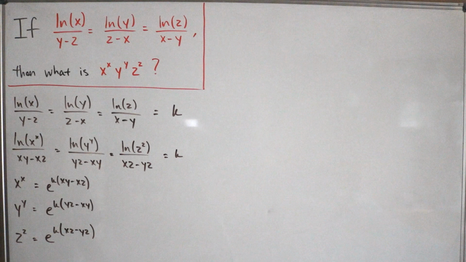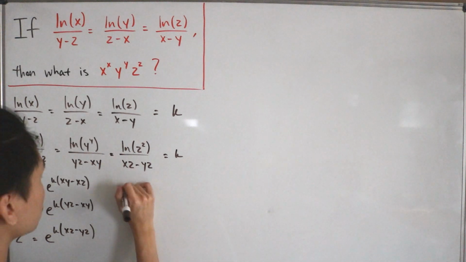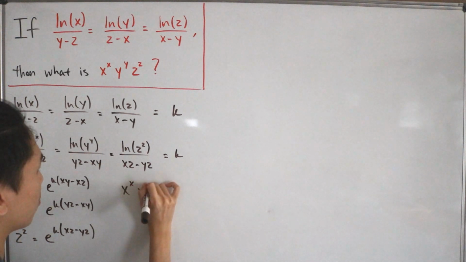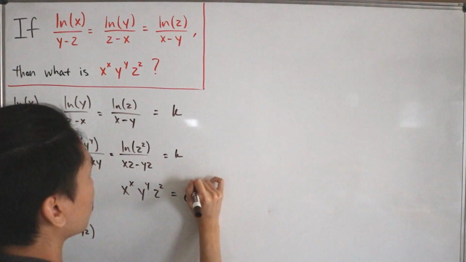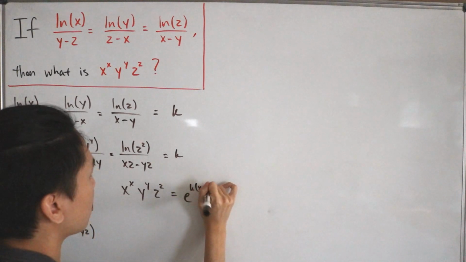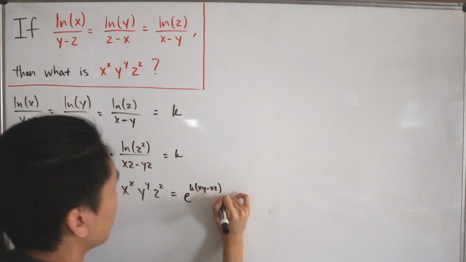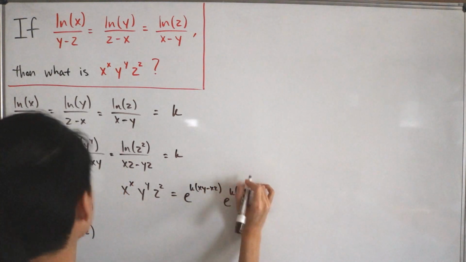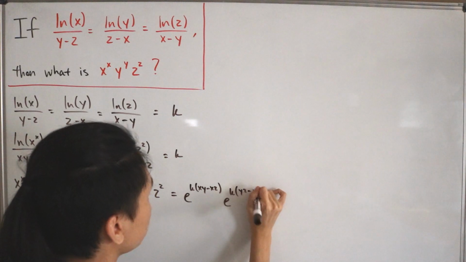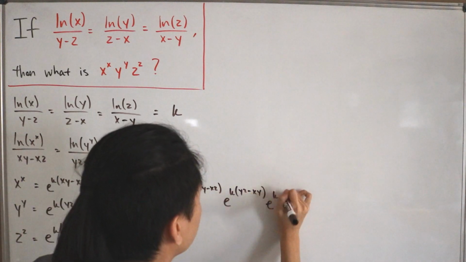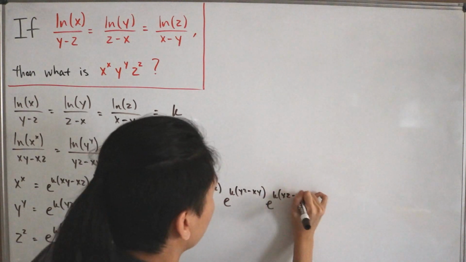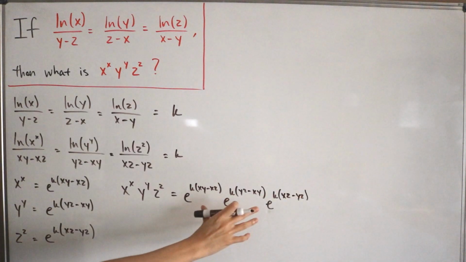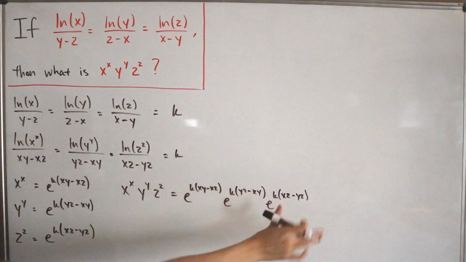Okay, pretty much all that's left now is to multiply everything together: x to the power x, y to the power y, and z to the power z. Put everything back together with that substitution. So I have e to the power k times xy minus xz, times e to the power k times yz minus xy, times e to the power k times xz minus yz. With the properties of exponentiation, I can add the exponents together.